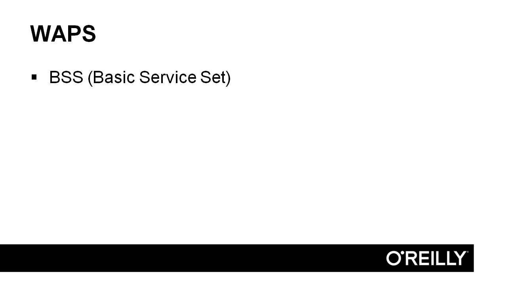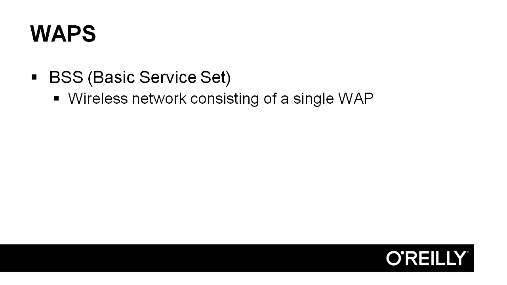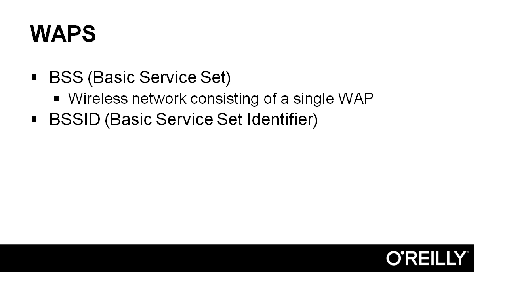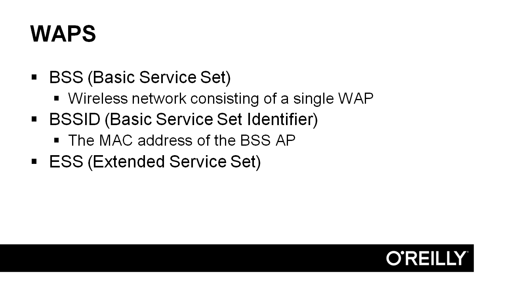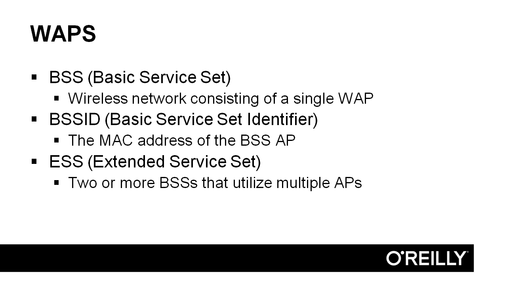Pretty cool functionality. Now, BSS, Basic Service Set. Here we're talking about a wireless network consisting of a single wireless access point. A BSSID, a basic service set identifier, is the MAC address of the basic service set access point. ESS, an extended service set, is where you have two or more basic service sets that are utilizing multiple access points.